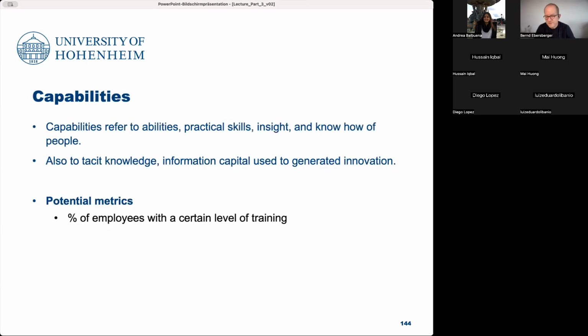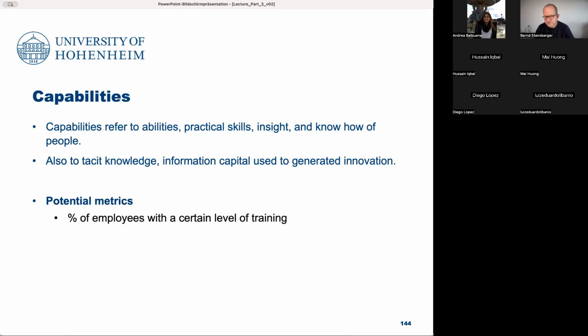Now, the capabilities. How do we measure capabilities? Capabilities are practical skills, know-how of people, abilities, etc. Also the tacit knowledge, the information capital that is used to generate innovation in your organization.